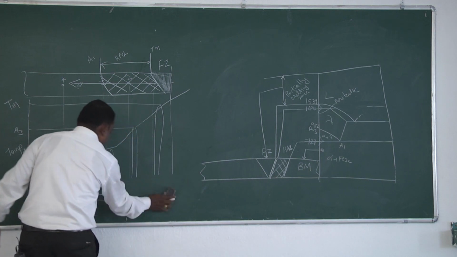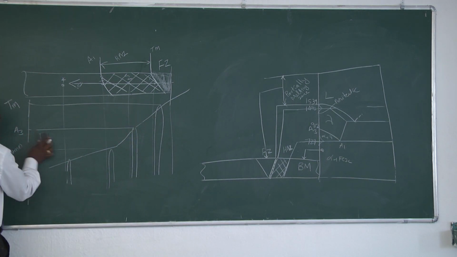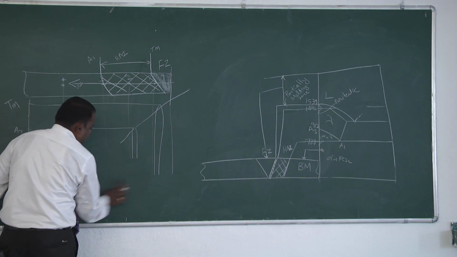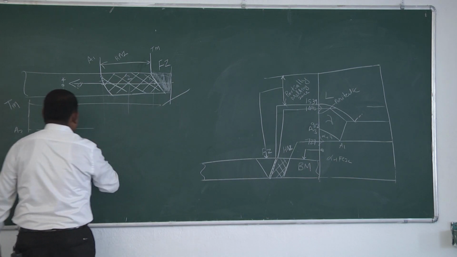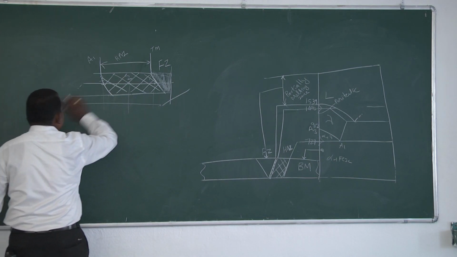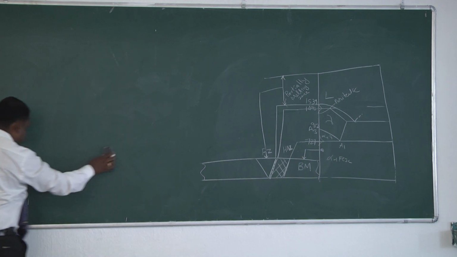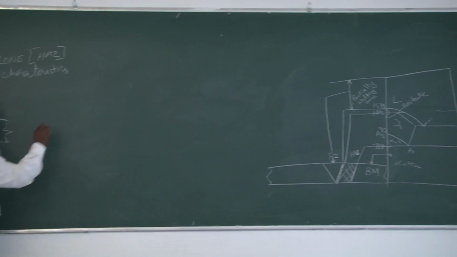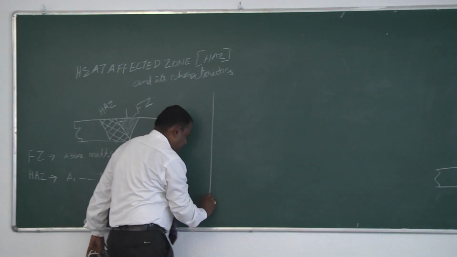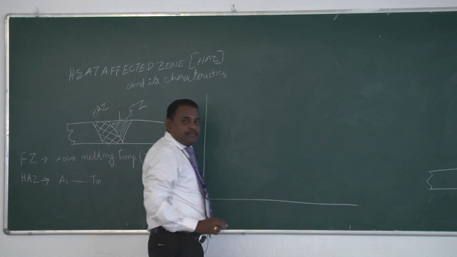And now we will see, can one compare the thermal cycles to the heat treatment process of the metal? Yes, we can compare, but there is a small difference between these two with respect to thermal cycles.